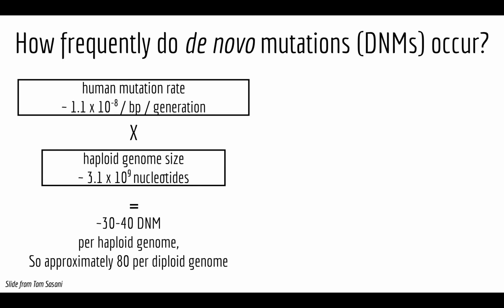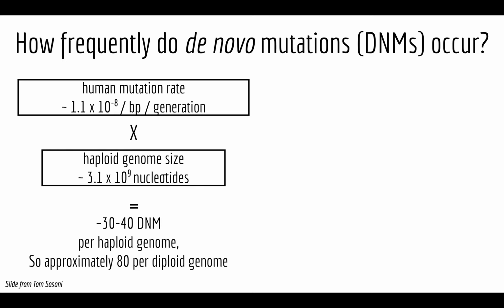You multiply 3.1 times 10 to the 9th by 1.1 times 10 to the negative 8th, and you get about 30 to 40. This is just factoring out 10 to the negative 8th and 10 to the 9th, adding exponents. And you end up with an estimate of about 30 to 40 new mutations per haploid genome in the germline.